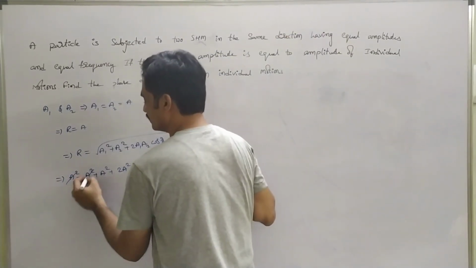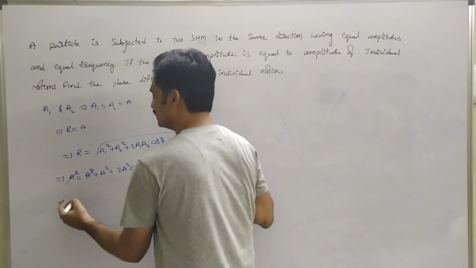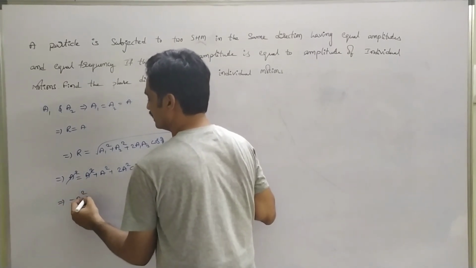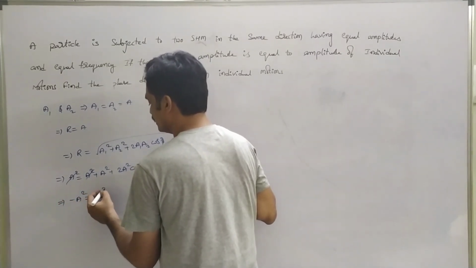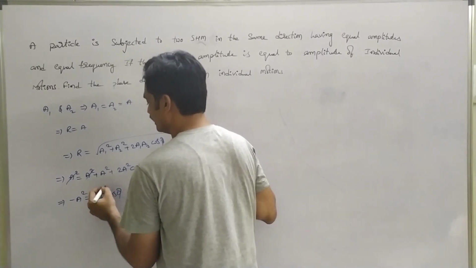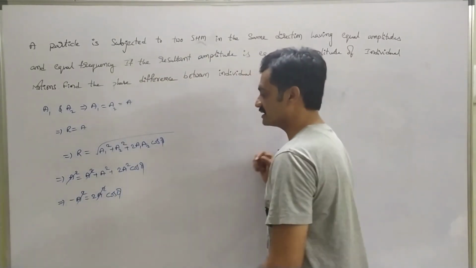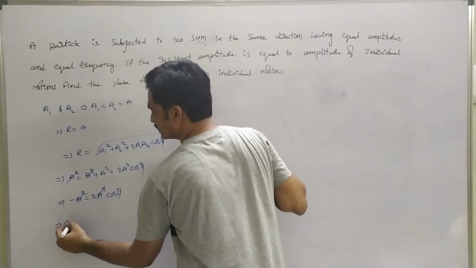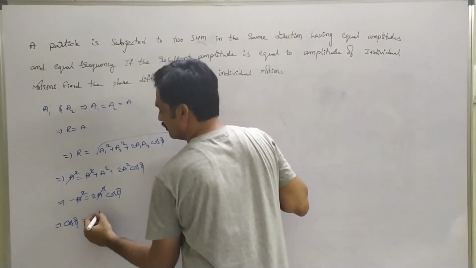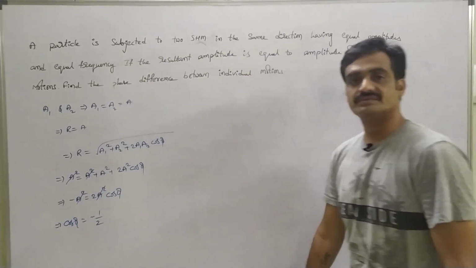Observe that one A square gets cancelled, and if you bring this A square to this side, here we have minus A square equals 2A square cos phi. So here A square also gets cancelled, and we have cos phi equals minus 1 by 2.